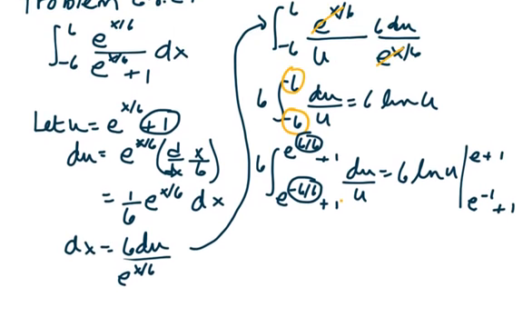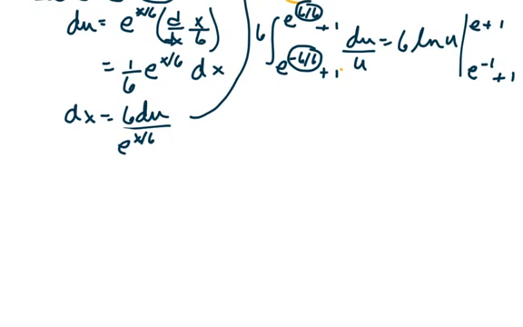I'm going to scroll down and continue over here now. Sorry about this little bit of a mess, but I knew the algebra and I didn't want to run out of writing space. So you've got 6 ln of e plus 1.